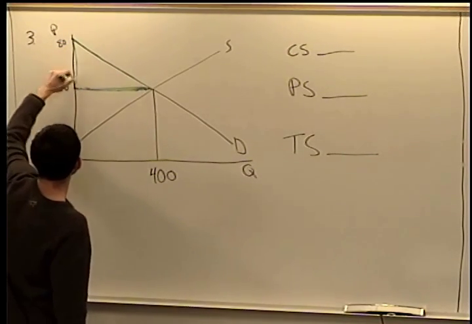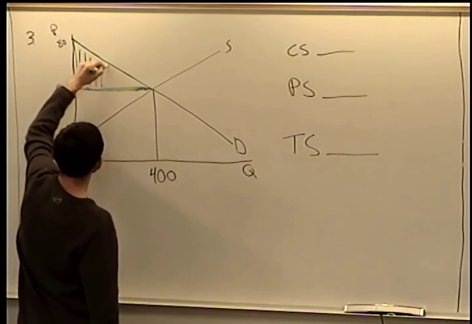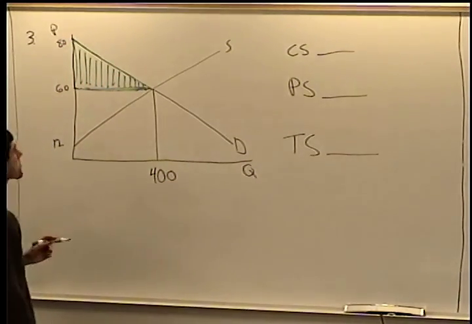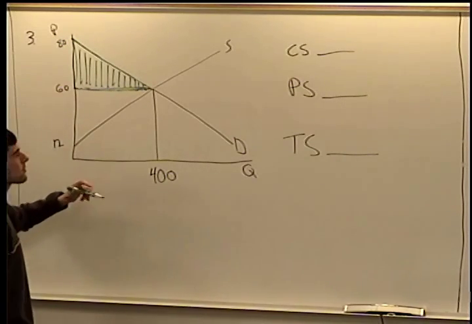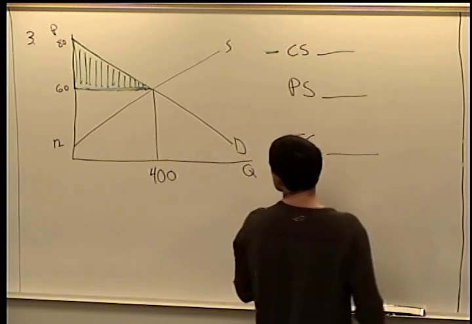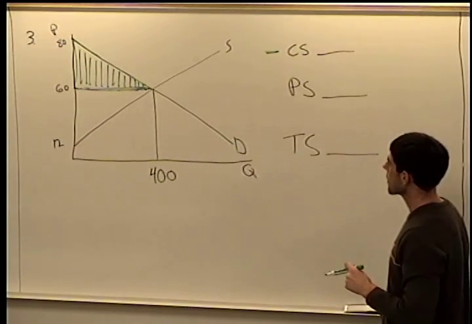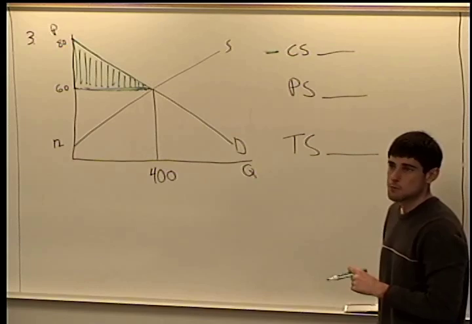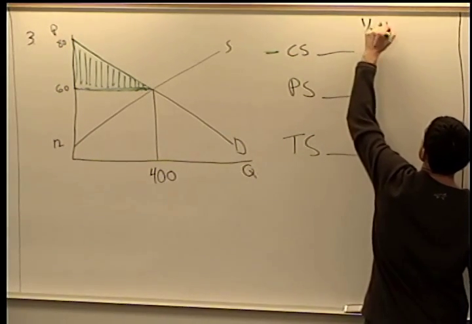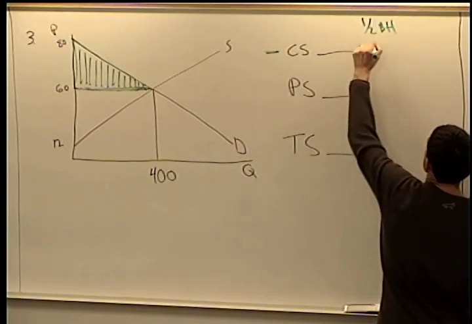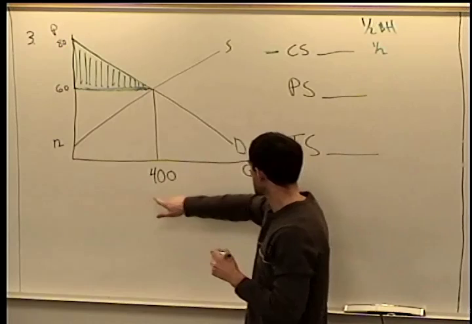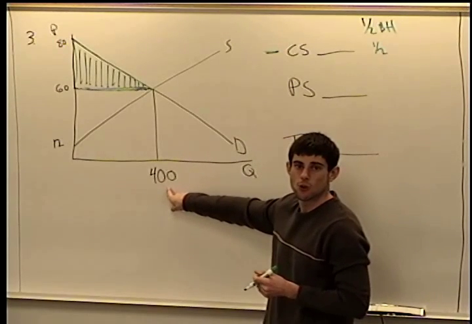Okay, so we want to find the area of this triangle. So consumer surplus is going to be the area of this triangle. It's going to be green. And if we do that, we know that the area of the triangle is 1/2 base times height. So this is 1/2 base times height. Or that's going to be 1/2. The base goes from 0 to 400 because 400 are sold.